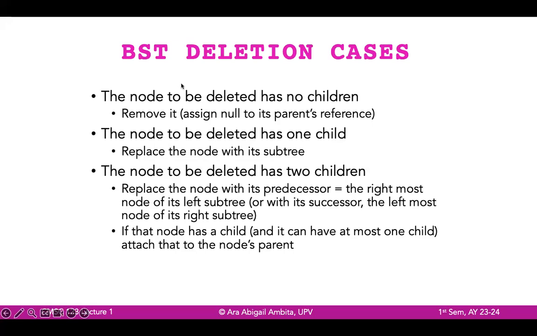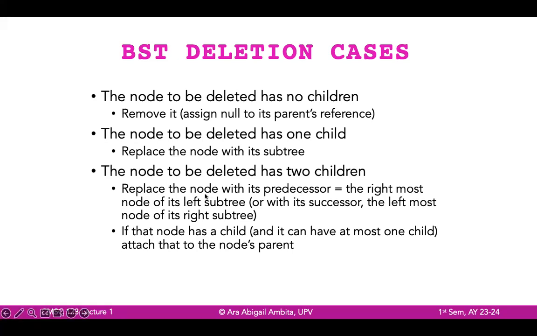So the first one is, what if we are deleting a node that doesn't have any children? If that's the case, then we just have to remove it and assign null to its parent reference. But what if the node that we want to delete has one child? What we can do is replace the node with its subtree. And the last case that we have to consider, which is the most tricky of all, is that the node has two children.